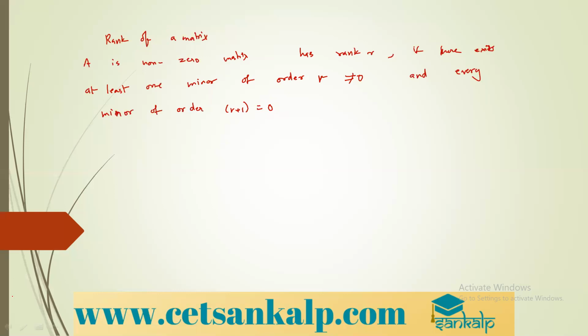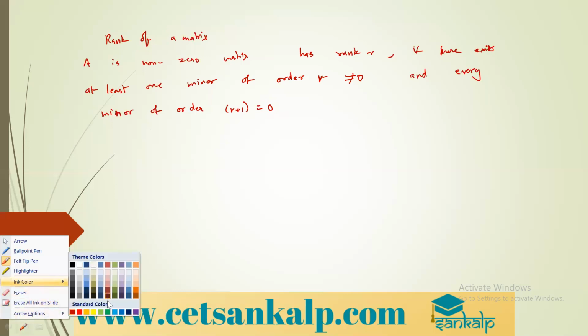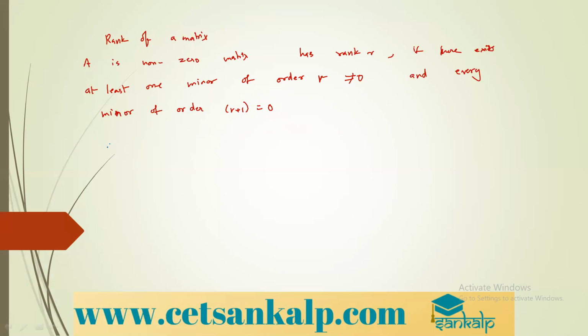Now, how will you understand this statement? I will tell you. Suppose A is the matrix 1, 2, 3, 2, 3, 4, 3, 5, 7. What is the determinant of A?